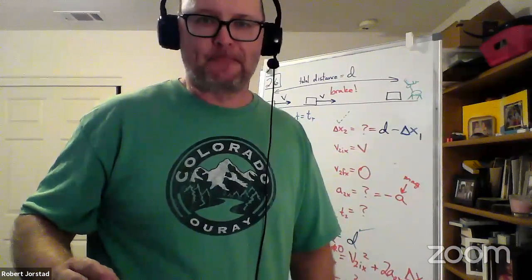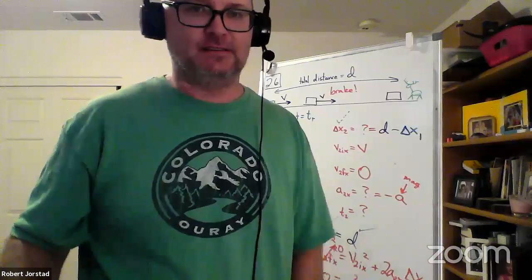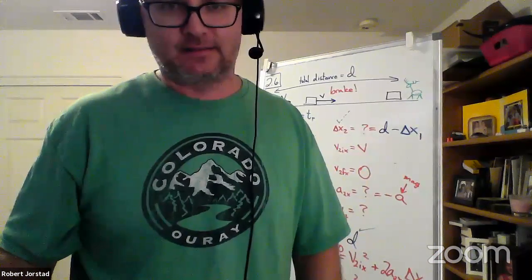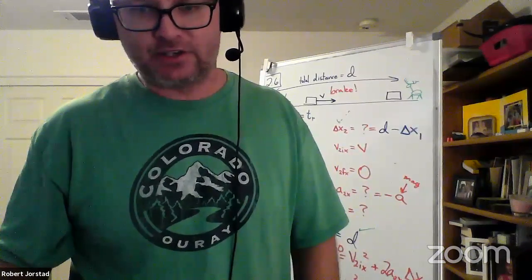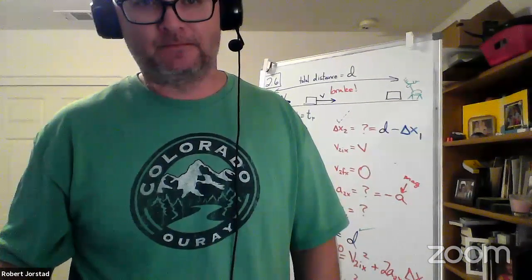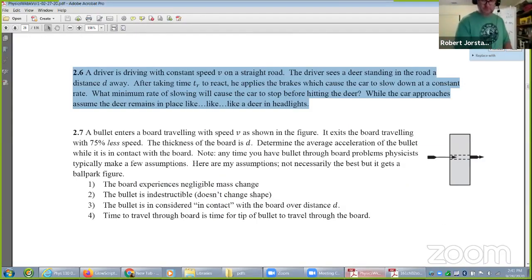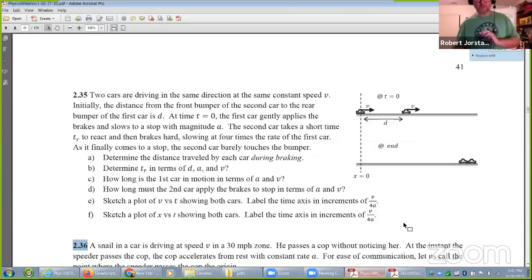Speaking of races, let's go look at question 2.36 in the workbook. I'll share screen. There we go. Page 41, it looks like.